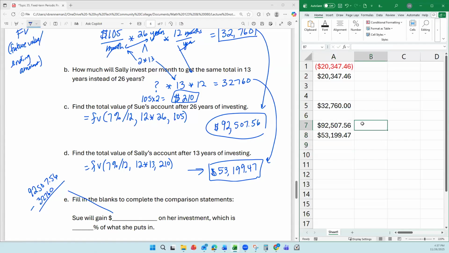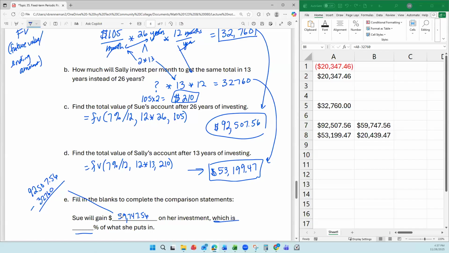So I'm going to take this thing minus the 32,760. And then I can do the same thing on Sally's amount. So Sue will gain 59,747.56, which is what percent of what she put in?